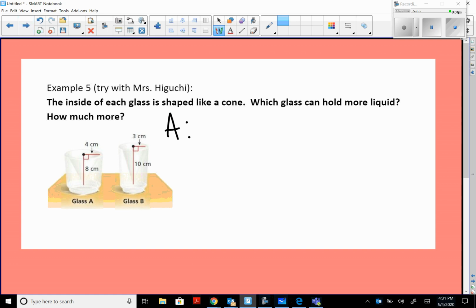We're going to find the volume. We know that it's 1/3 times pi r squared, because that's the area of the base. So pi times 4 squared times the height of the cone, which is 8. 4 squared is 16.